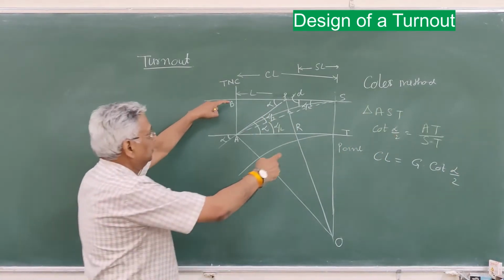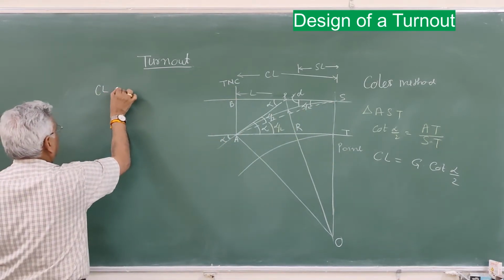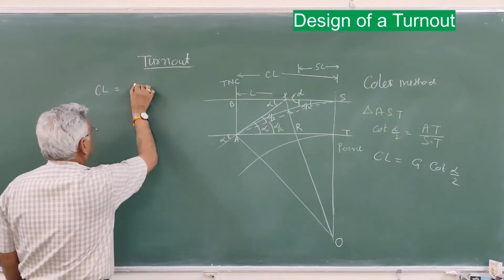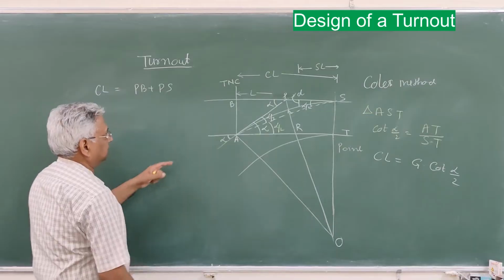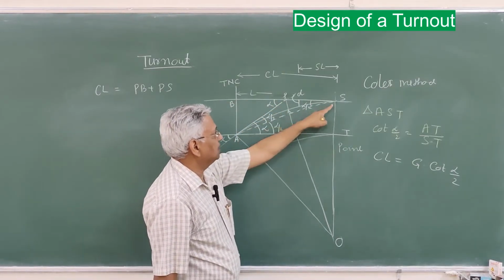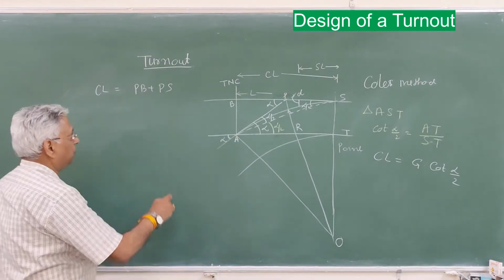Now this curve lead CL can also be written as BP plus PS. And I told you PS is equal to PA because they are two tangents drawn from the same point.